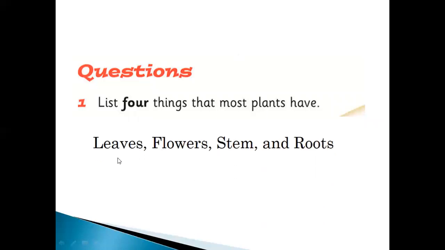I will write here leaves, flower, stem and roots. These are the 4 parts of a plant. Each plant almost has these 4 things. These are the main 4 things each plant has. Again, list 4 things that most plants have: leaves, flowers, stem and roots.